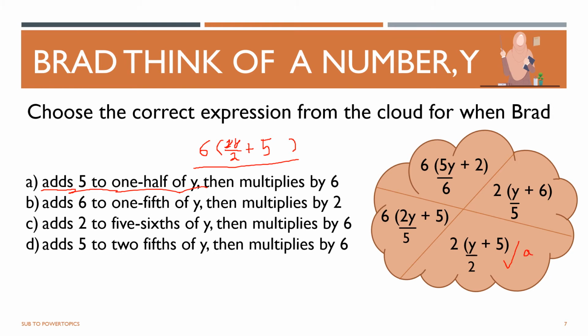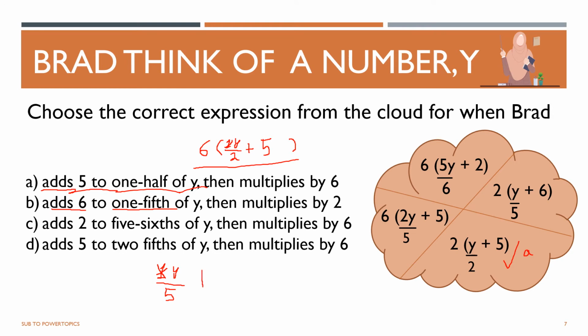Now for B. Brad adds 6 to 1/5 of y. 1/5 is written like this. And the 1/5 is for y, but we aren't going to write the 1 here.